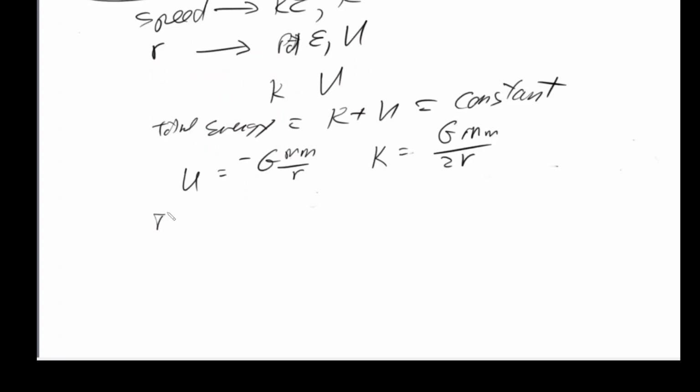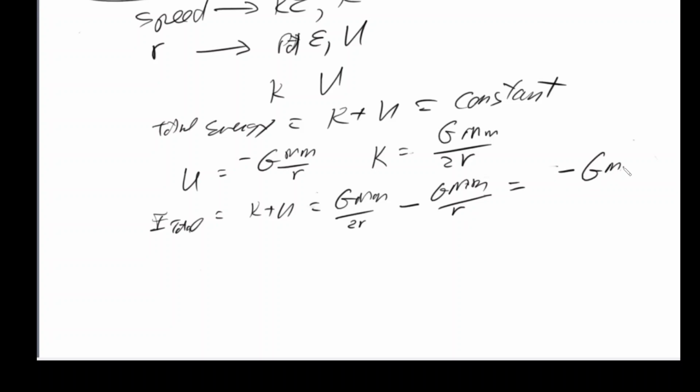So the total energy in this case is equal to K plus U, which is equal to G M m over 2r minus G M m over r, which comes out to be minus G M m over 2r.